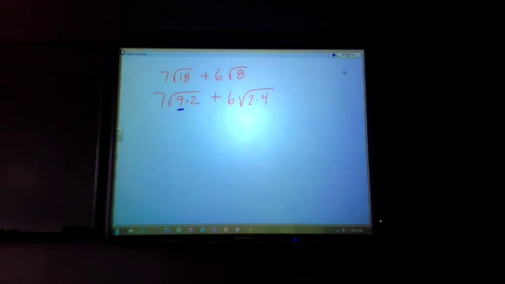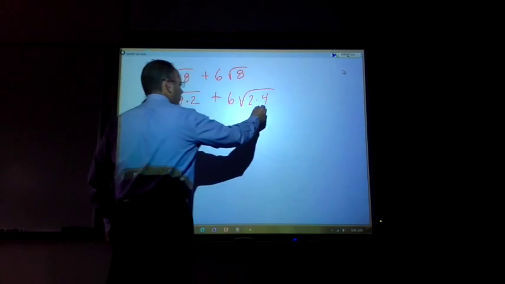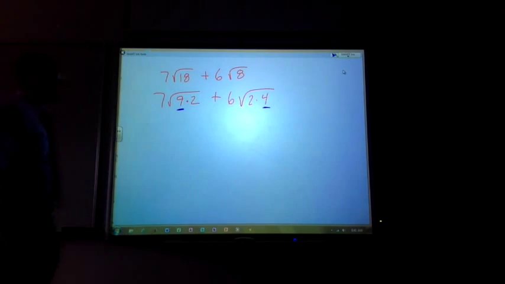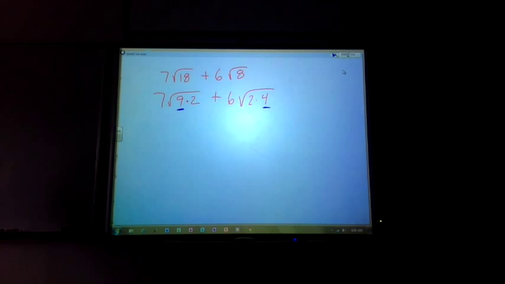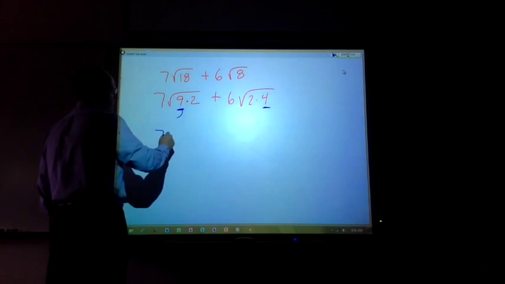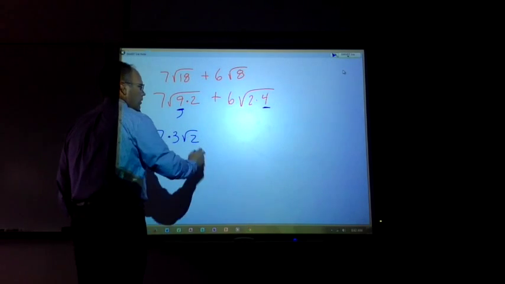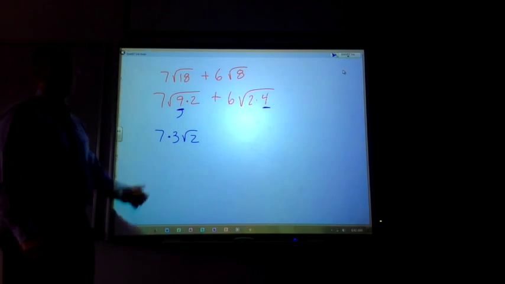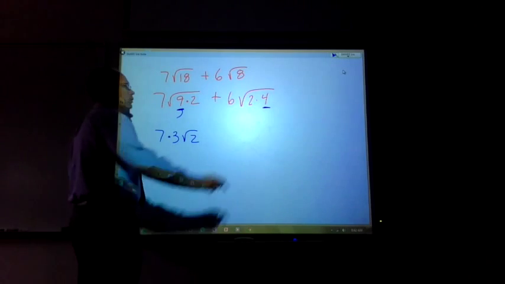Okay. Gage, picking you again. Underneath the second radical, the 2 and the 4, either of those a perfect square? Yes. Which one? 4. Okay. Casey, what's the square root of 9? 3. So that becomes 3. Kruger, square root of 2, or square root of 4, excuse me. 2.